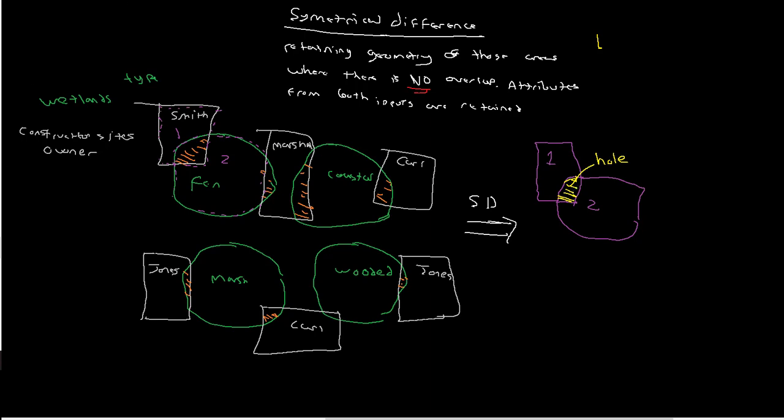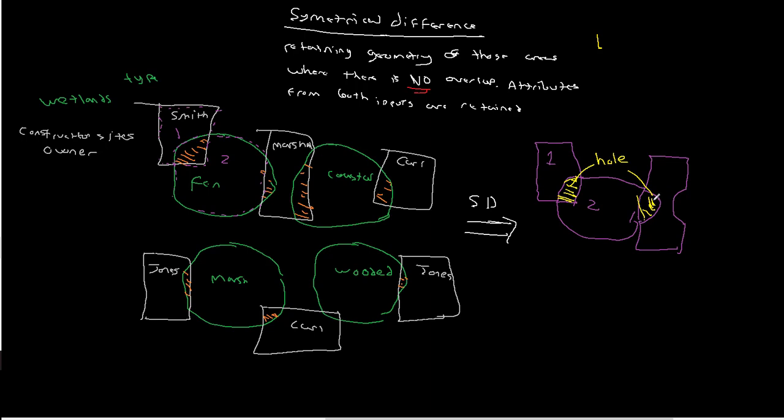Okay? So next we have this polygon here that goes up, curves in, and goes down. Because again, this area here is a hole.